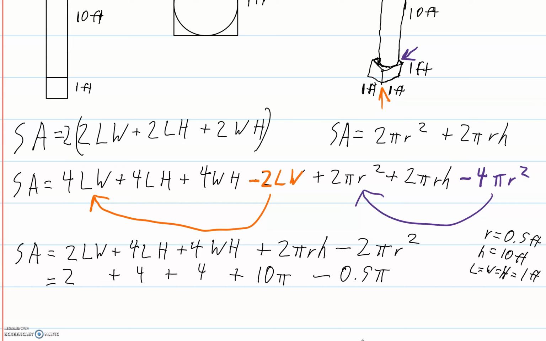Okay, and now we're just going to add everything together that we can. So 10 feet squared plus 9.5 pi feet squared.